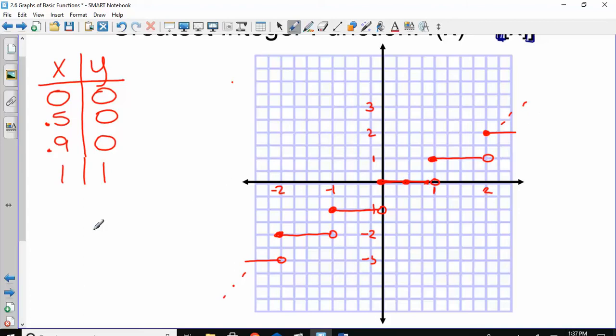If I wanted to talk about the domain, what x values does this one hit? All of them. The range, what y's do we hit?